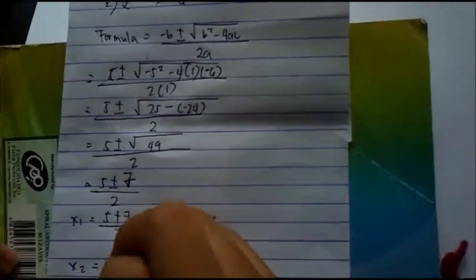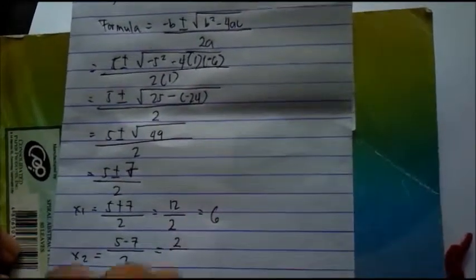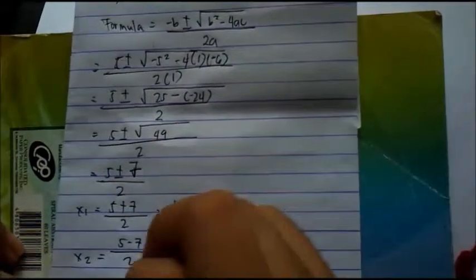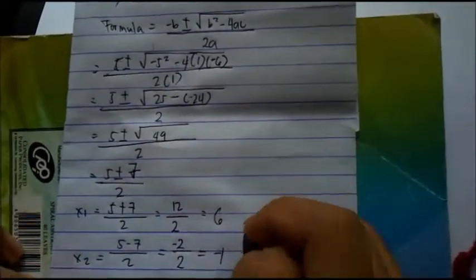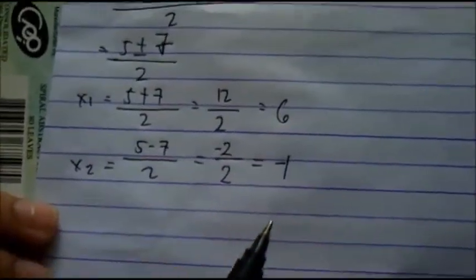For x2, 5 minus 7 over 2. 5 minus 7 equals negative 2. And copy the denominator 2. So the answer is negative 2 divided by 2 equals negative 1. So the answer for example number 2 is positive 6 and negative 1.